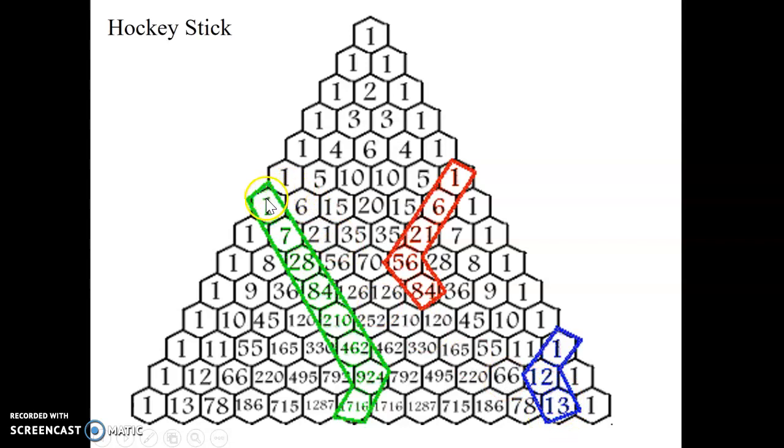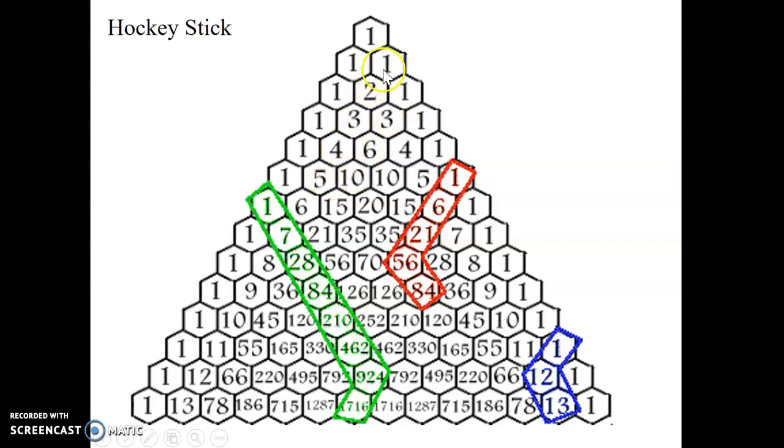Over here, if you add all of these diagonals in the green one, 1 plus 7 plus 28, etc., all the way down here equals 1716. Okay? If you want to pause here and see if this works out, pick any diagonal. And then wherever you stop, it's going to equal the number to the diagonal below.